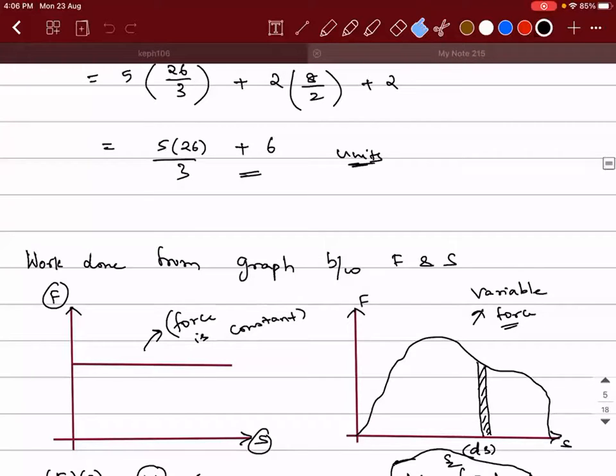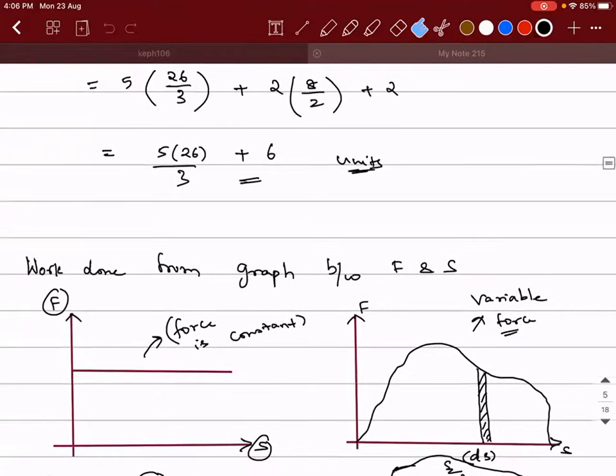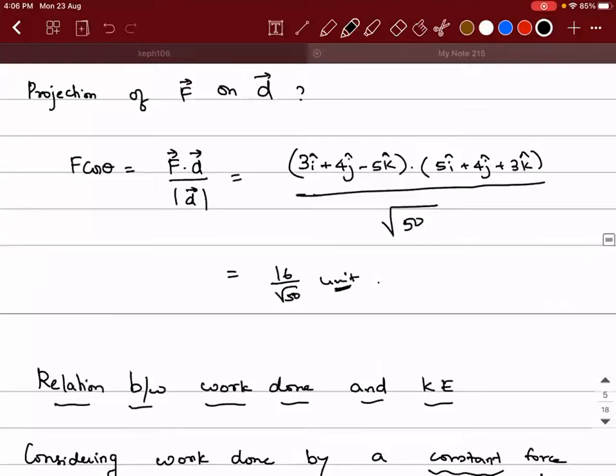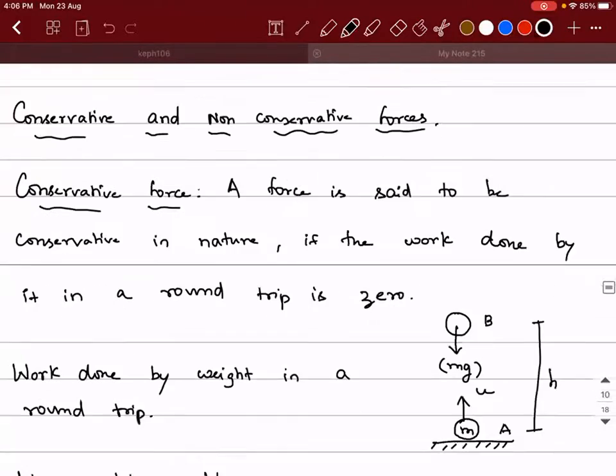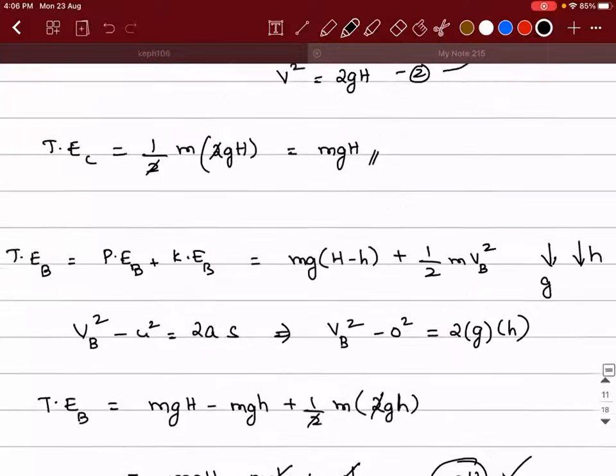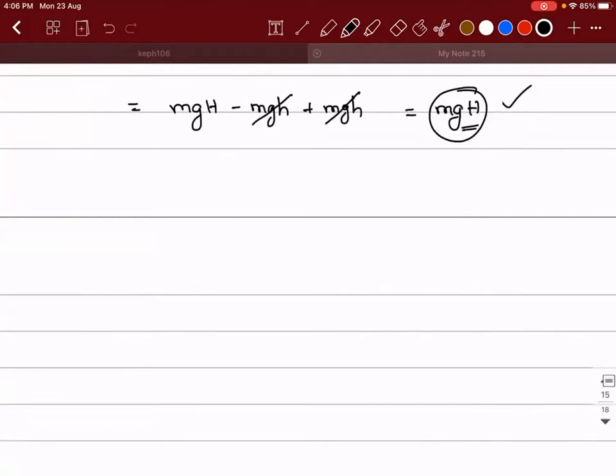So work done from a graph between force and displacement: how do you calculate the work done from this graph? By calculating the area, right? Next, shall we proceed, guys?